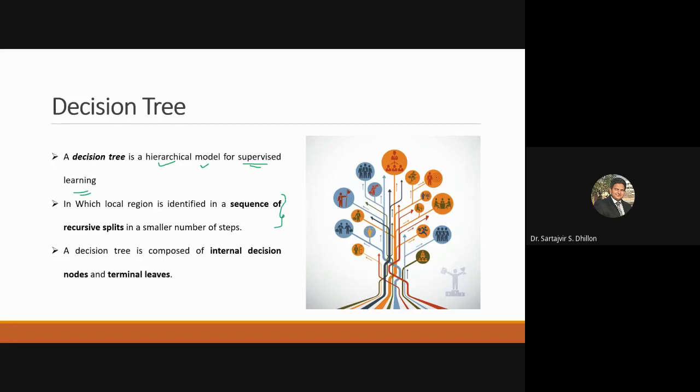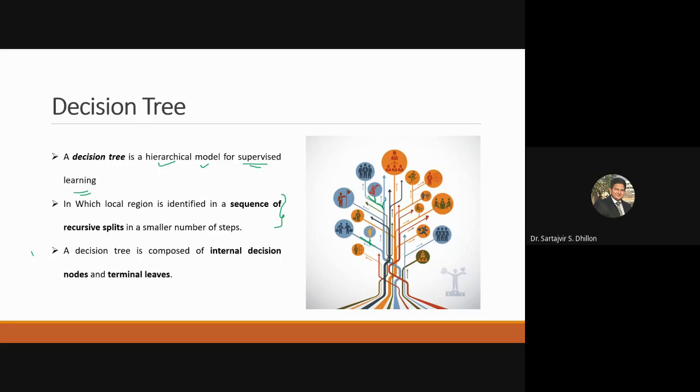Here you can see in this figure a tree which further splits into further parts. The one is there, then this is split into two parts, and again this is further split, again and again splitting up till the end.